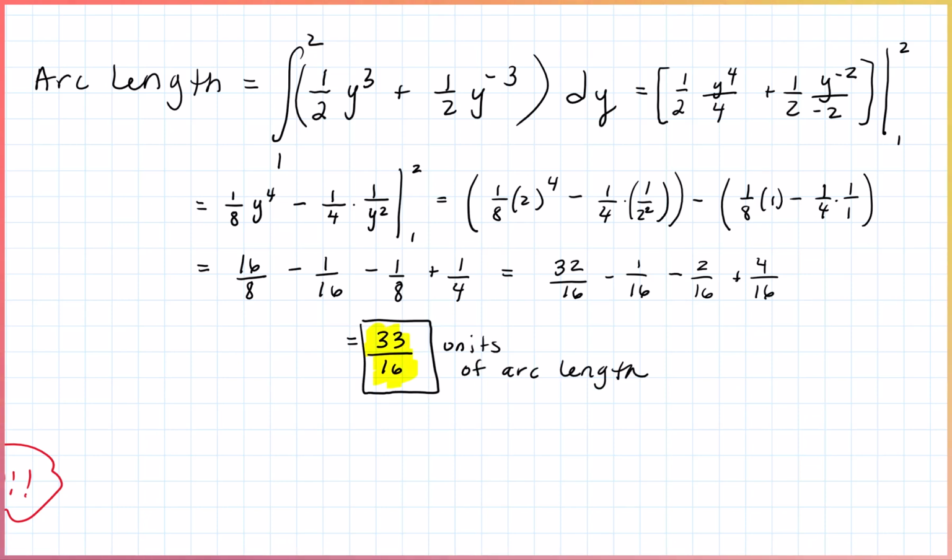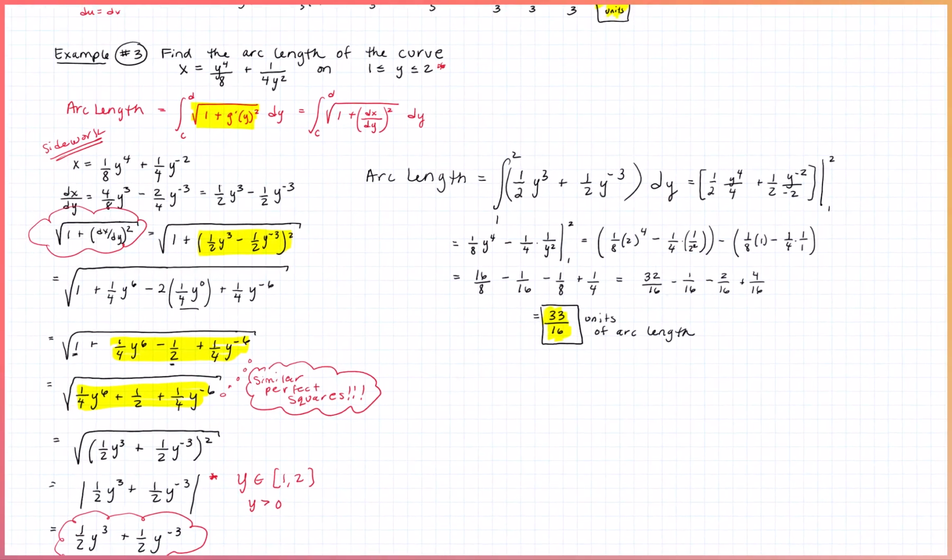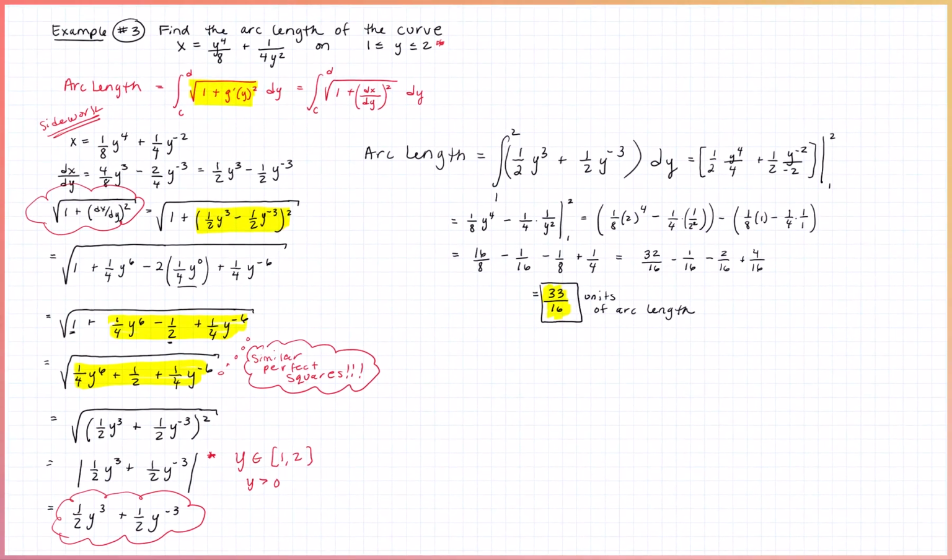All right, so we ended up with 33 over 16 units of arc length, and I will zoom out so I can get the whole example on one screen there for you if you want to take a look.